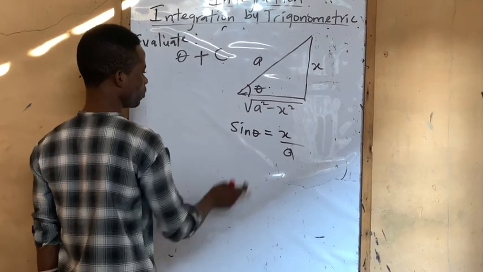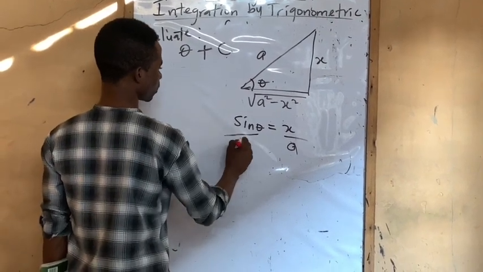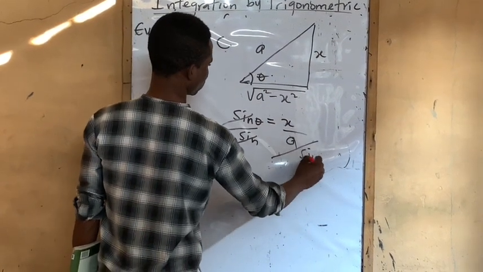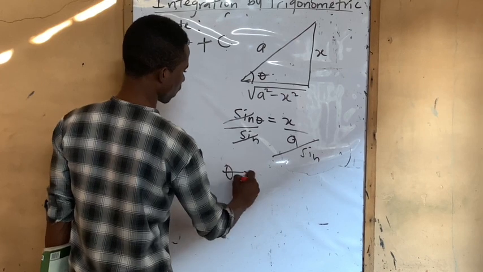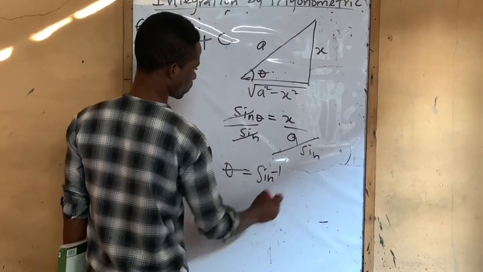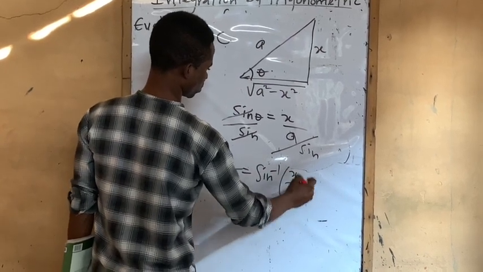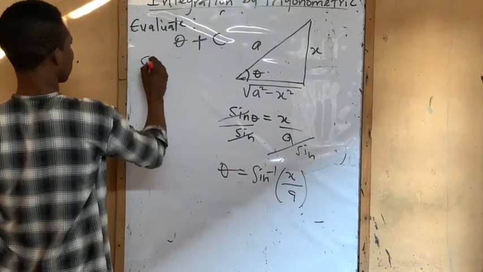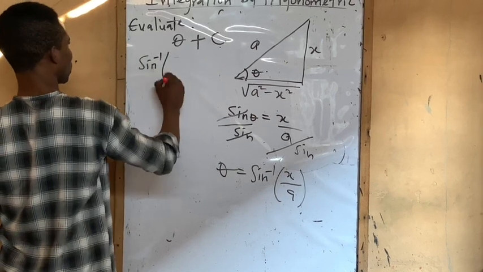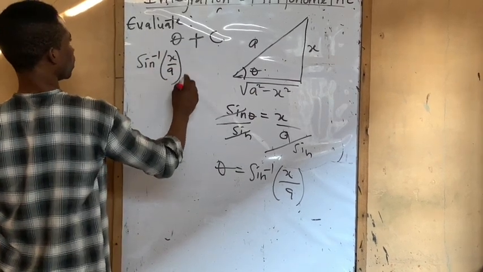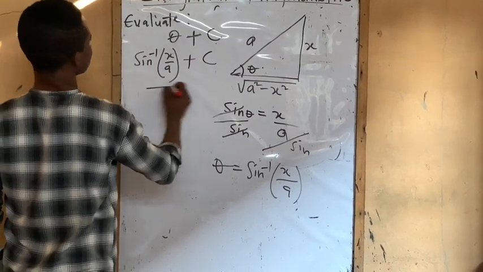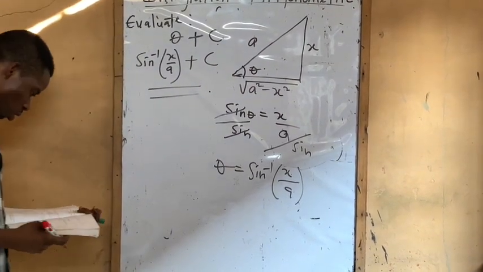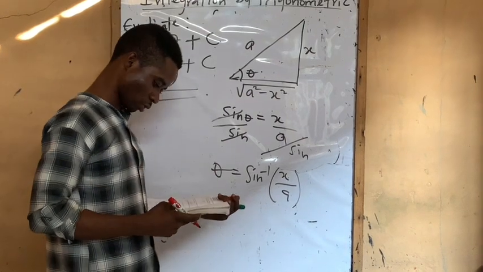I can get my theta by taking the inverse sine, so my theta is sine inverse of x over a. That means the answer is sine inverse of x over a plus c. So that is our answer for that.